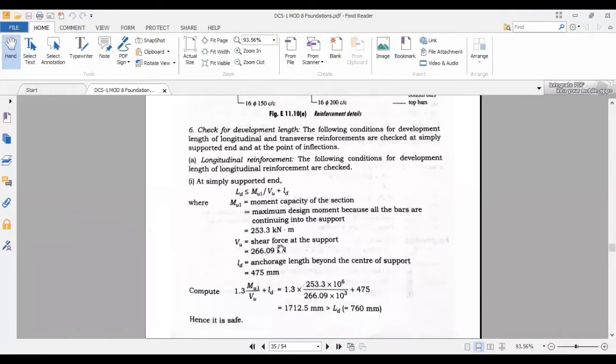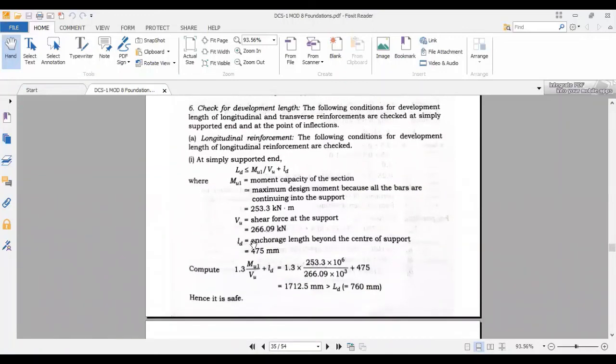So the value is 253.3 kN meter, and Vu is shear force at the support, and the value is 266.09 kilonewton. And LD is anchorage length beyond the center of support, and the value is 475 mm, which we found.